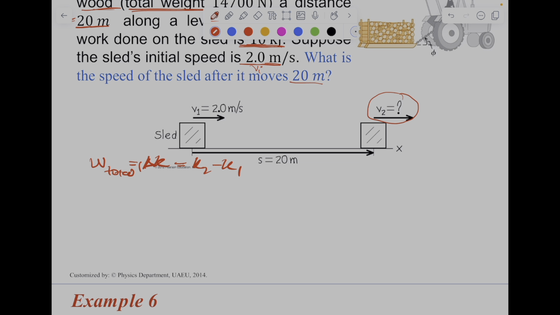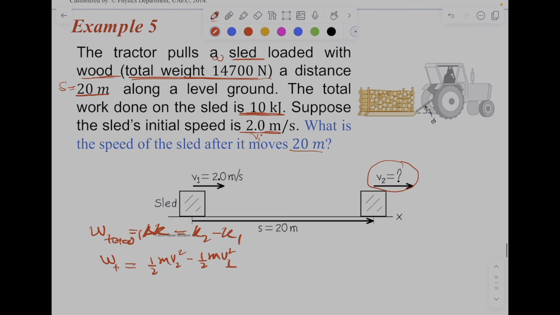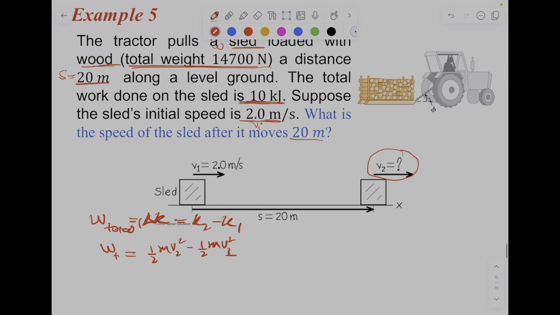We are given the work done, which is 10,000 joules, and you have 1/2 mv2 squared minus 1/2 mv1 squared, and we are given the initial speed, but we don't have the mass, but we can calculate the mass from the weight.